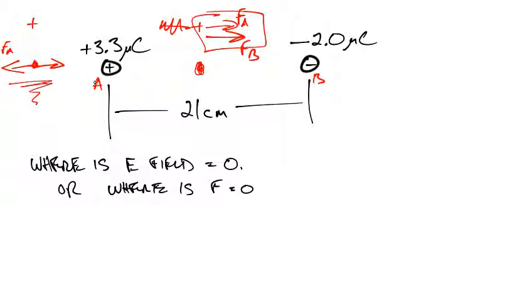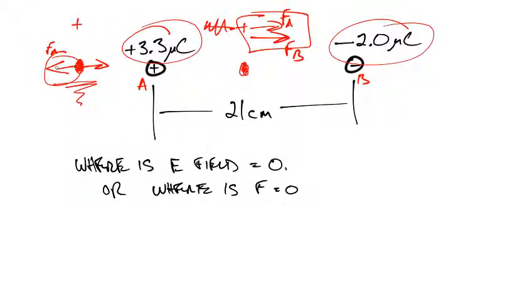And the reason why is because 3.3 is greater than 2. Therefore, the 3.3 being closer to this charge would always be larger than the 2 microcoulomb charge that is further away. Because you see, it has both things going for it. It's bigger and closer.